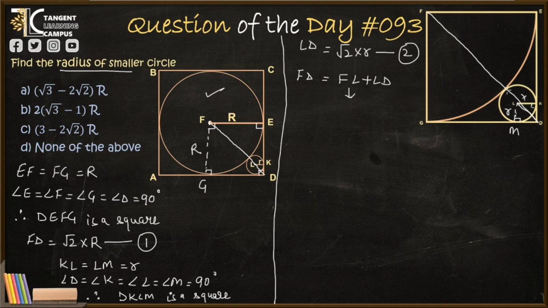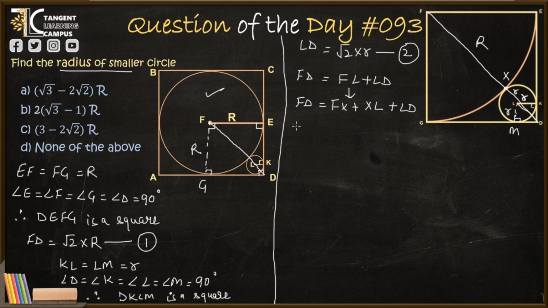Let us mark the point where the two circles are intersecting, meaning where the bigger circle and smaller circle are touching each other, as X. So we can write down FD equals FX plus XL plus LD. And here we see that FX is the radius of the big circle, that means R, and XL is the radius of the small circle, that means it will be equal to small r, and LD is the diagonal of this small square, that means DKLM.